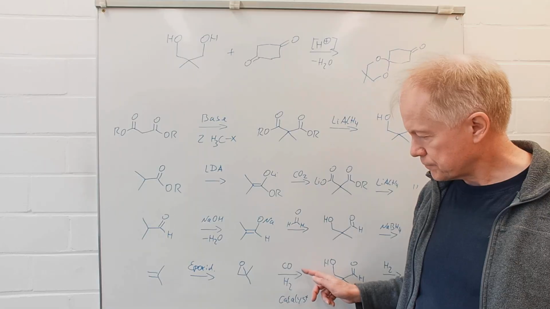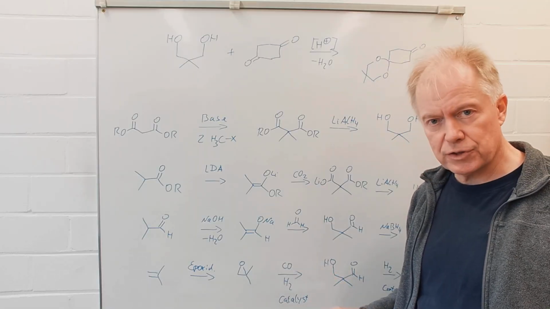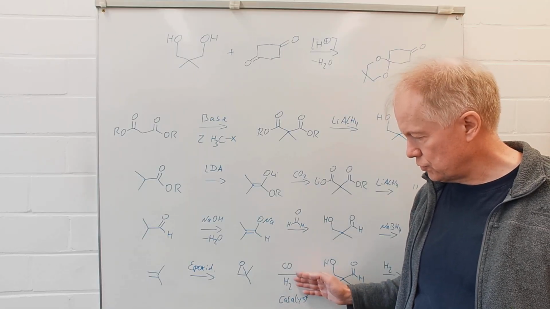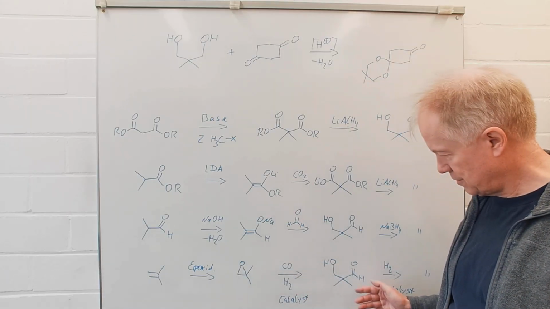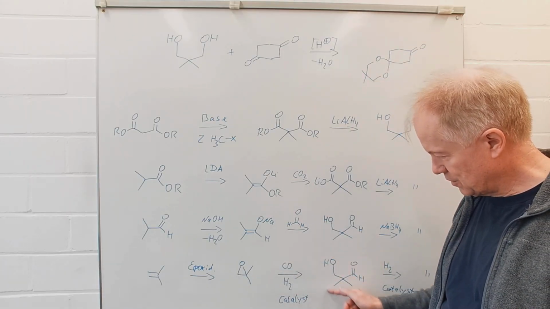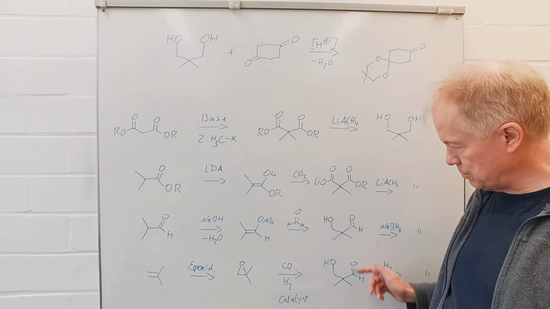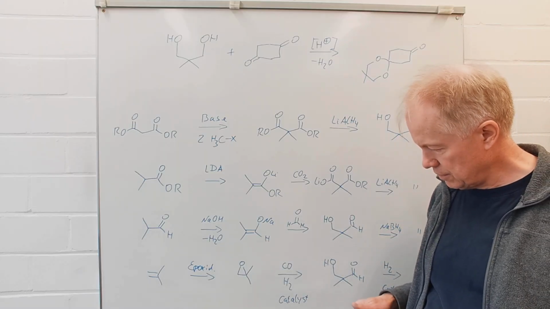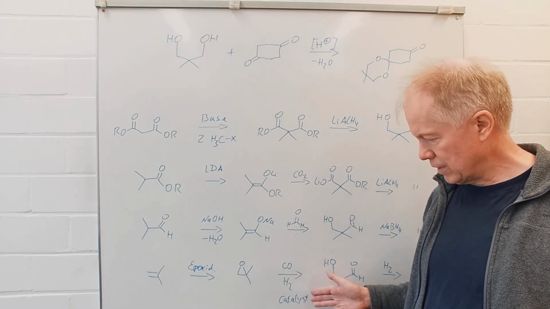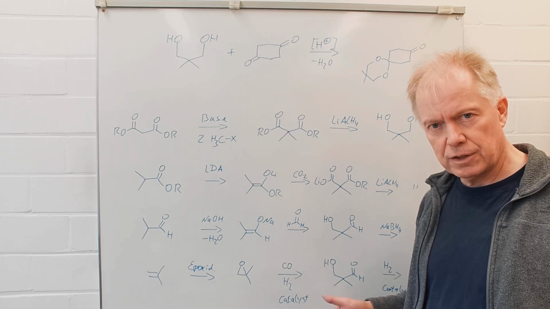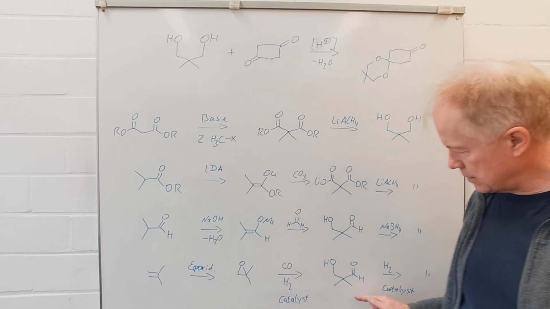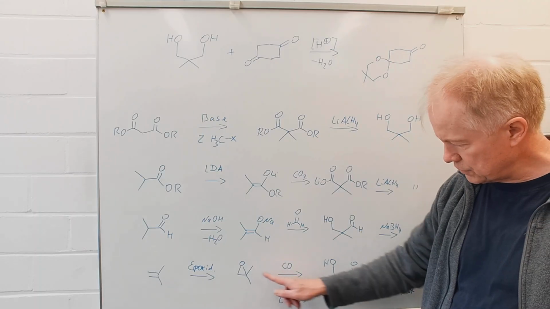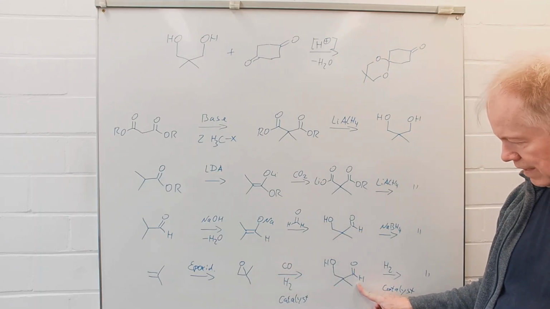And now, with carbon monoxide and hydrogen, you have exactly the atoms you need for synthesizing this intermediate, the same as here, but you have to find the right catalyst. It is a cobalt carbonyl complex, and nicely this is transferred to that one.